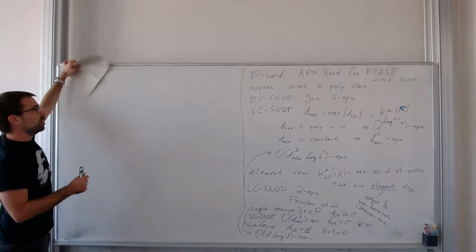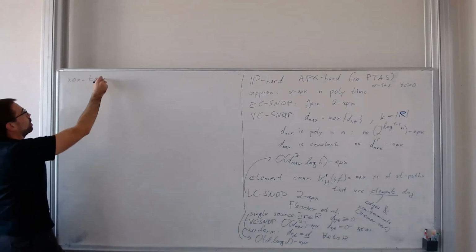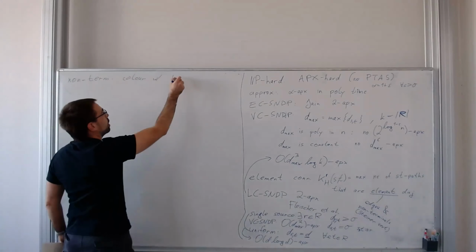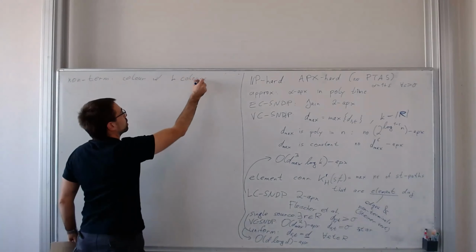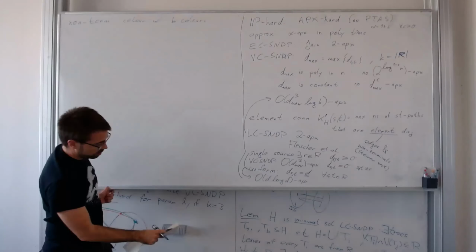So for non-terminals, we will color them with B colors, B being the number of these trees.